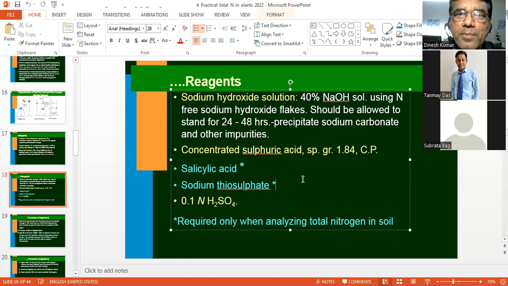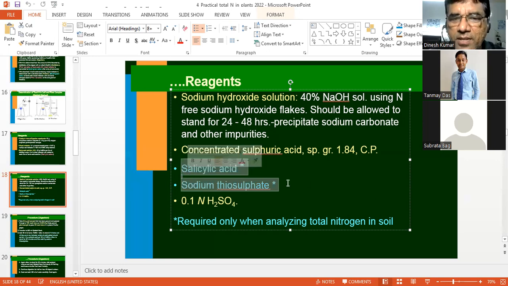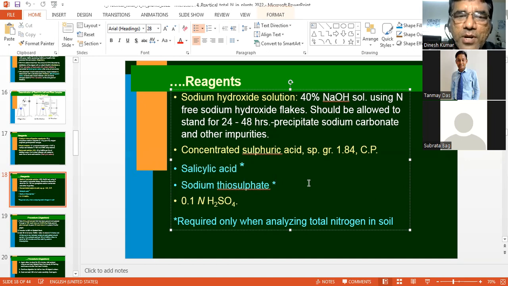If you want to estimate ammoniacal nitrogen, nitrate nitrogen, organic nitrogen, all forms of nitrogen including nitrate, then you need these two chemicals. If you don't want to include nitrate, you don't need them. Similarly, in total nitrogen analysis in plants, you do not require salicylic acid and sodium thiosulfate.